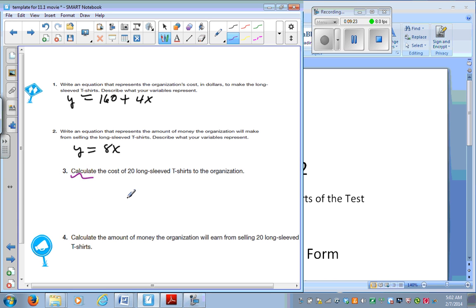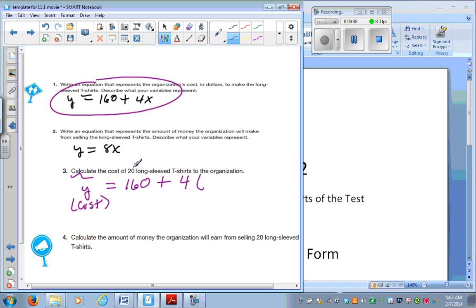So number 3 says calculate the cost of 20 long sleeve t-shirts to the organization. So I'm going to look at my equation from my previous question for the cost. Remember that y represents my cost. So y, also known as my cost, equals my $160 that I'm going to pay no matter what, plus $4 times my number of t-shirts, which in this case they tell us is 20.